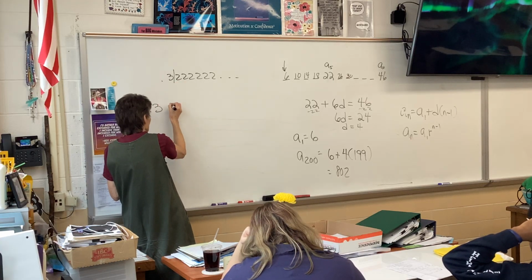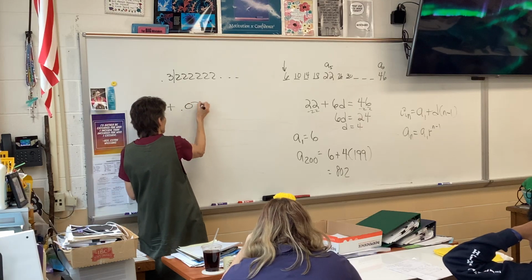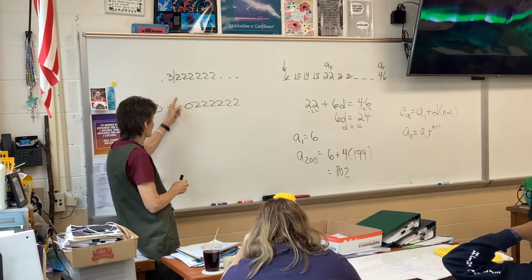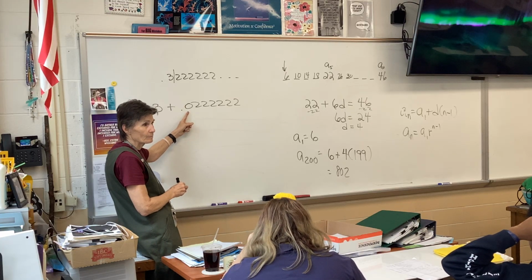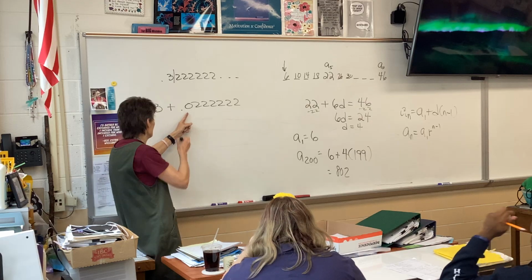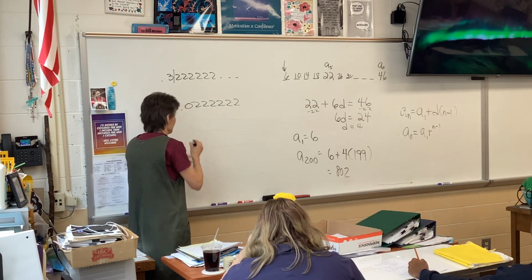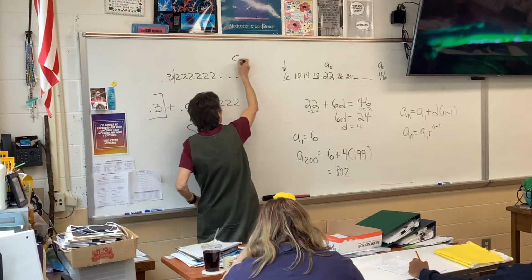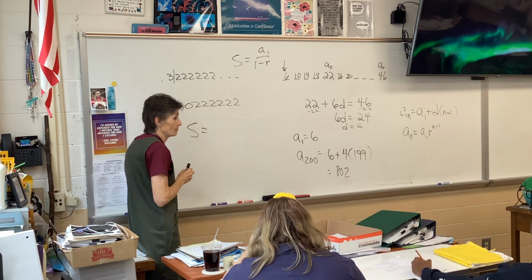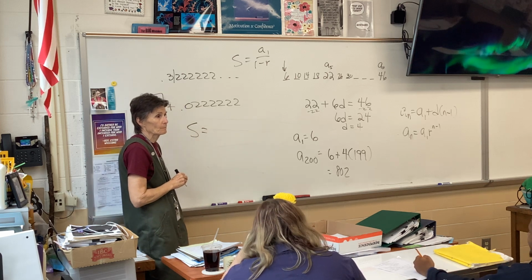We're going to have 0.3 plus what's left, which is 0.02222222. Remember, I took the 3 off, so now there's a 0 there. I'm not going to do anything with the 0.3 yet, we're going to add up this part right here. So here's our formula for that. Be careful, what's your first term?